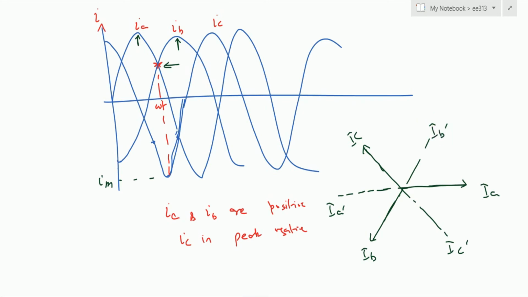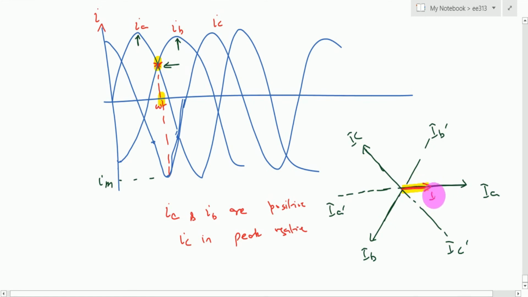Since IA and IB are both positive at this very point of the time axis omega t, here we have the current IA. IB is also positive, so we have this IB. However, this IC is negative and it is longer than the vectors shown for the currents IA and IB.